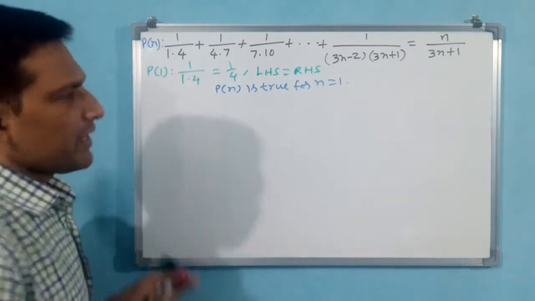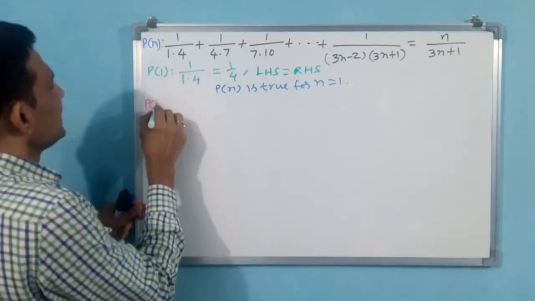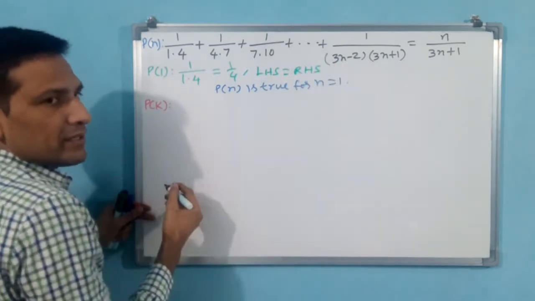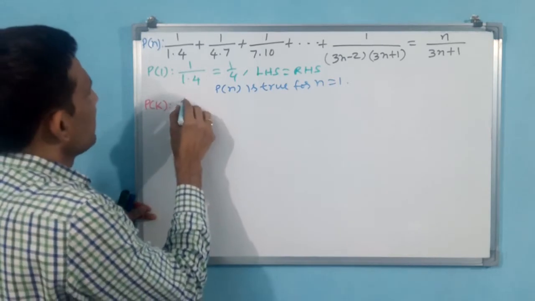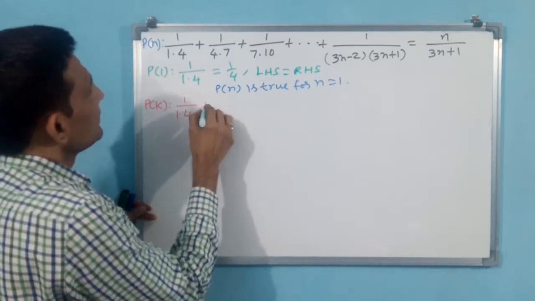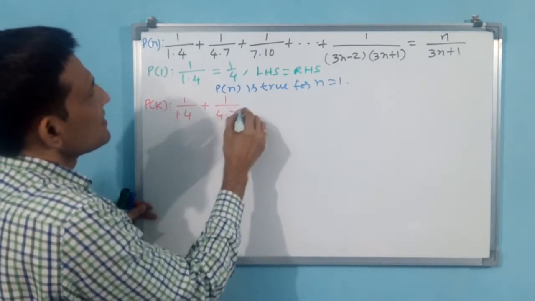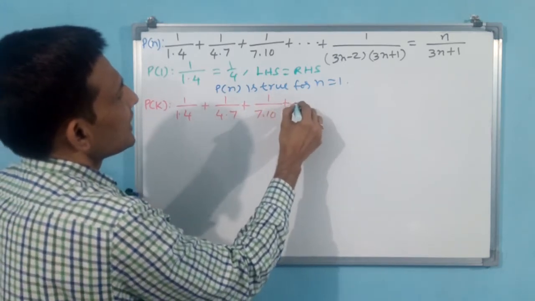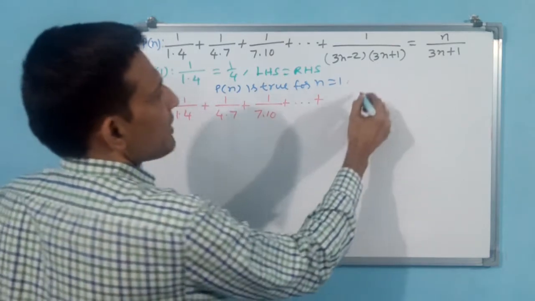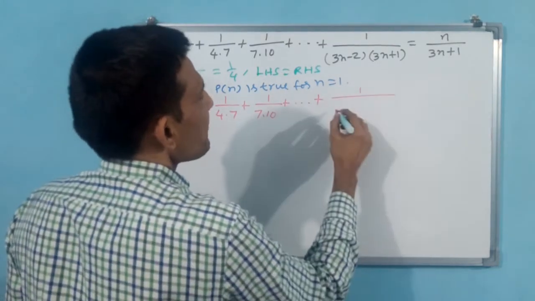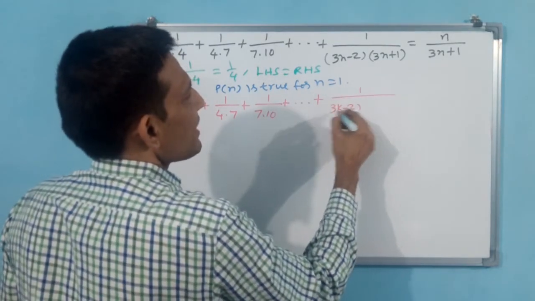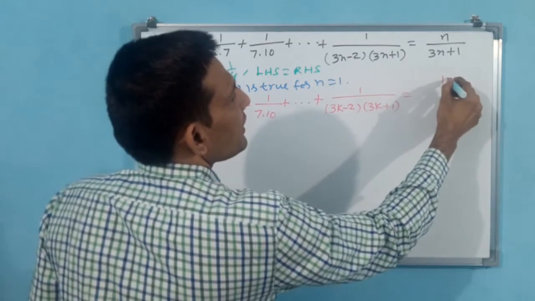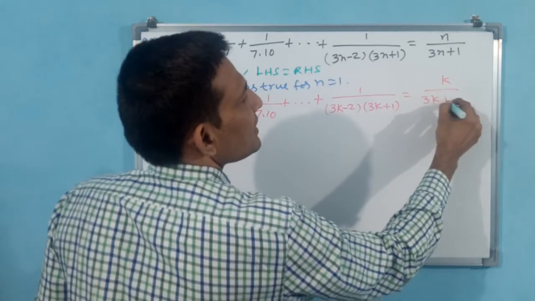Write down first P of k. Repeat this P(n) but replacing n with k. 1 by 3k minus 2 into 3k plus 1 is equal to k by 3k plus 1.